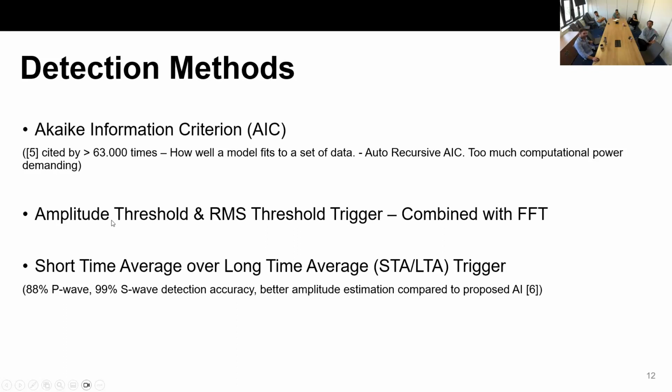So that was the initial aim, but then we switched to the short-time average over long-time average method, which we call STA/LTA. What it does, simply, is that you have two averaging filters. One has a long time constant, the other a short time constant. The long time constant one gives you a threshold, like a noise level.